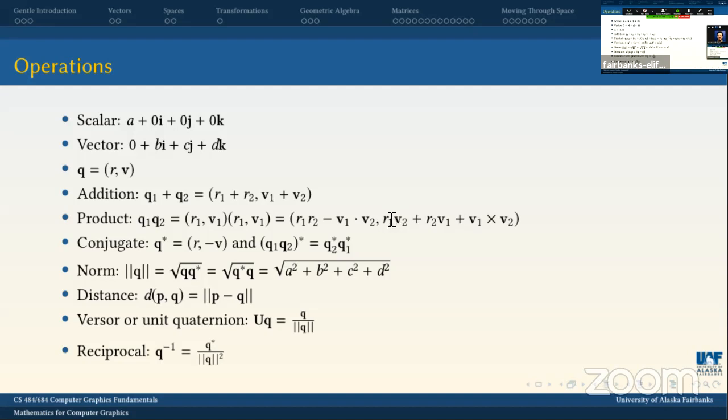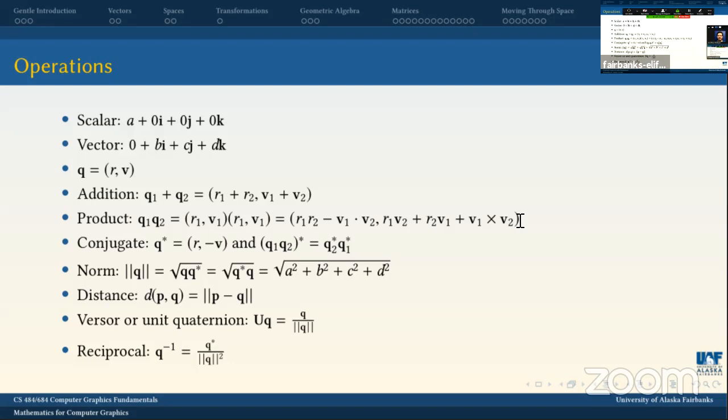The second part is R1 V2 plus R2 V1, so we're scaling the second vector part by the first quaternion's real part, and the first vector part by the second quaternion's real part, and then we're adding the cross product to it. So you can see those ideas are all integrated into this.